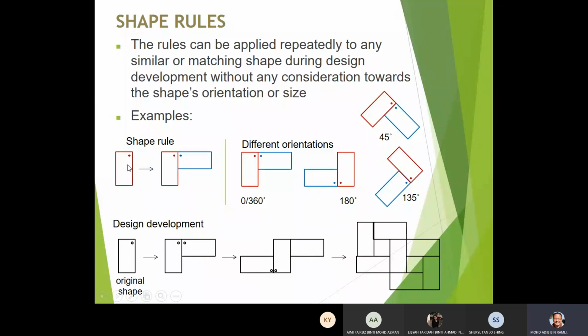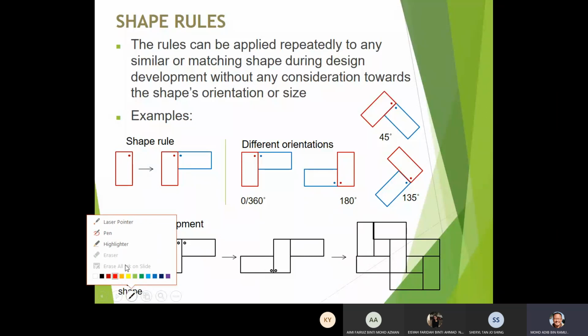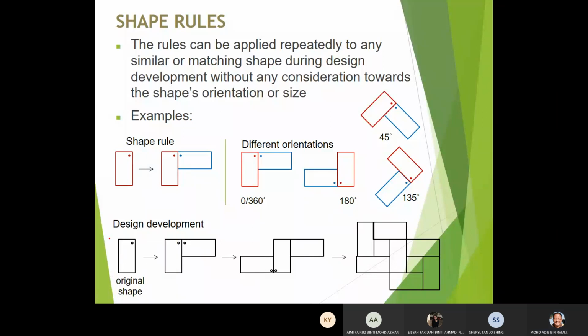So to not confuse yourself, don't put the label here, because once you put the label here, then it becomes something else, meaning that you mirror the object to that side.